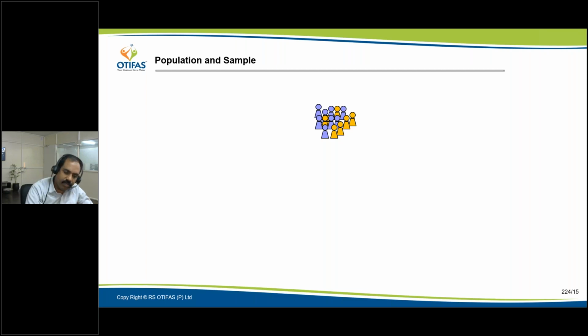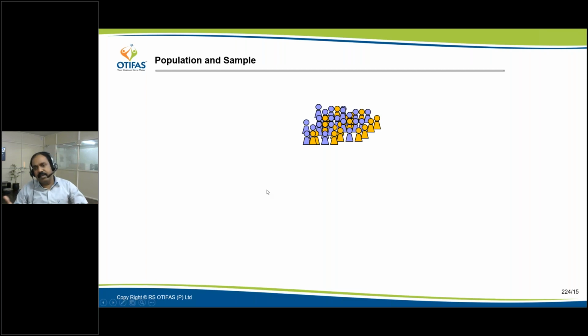But what if I go to some other company where I have 100 people, 200 people working? Then again, maybe if we have time and resources, I may study all 100 people. Okay, but what about a company where there are around 500 people located in one branch, then maybe more people located in different branches?